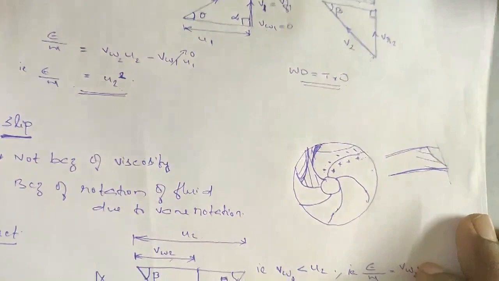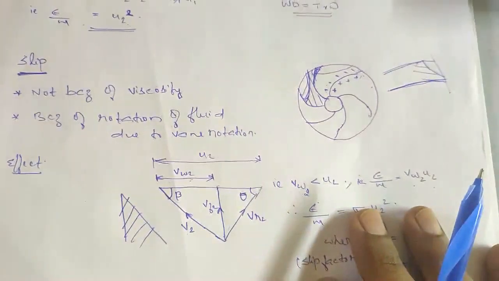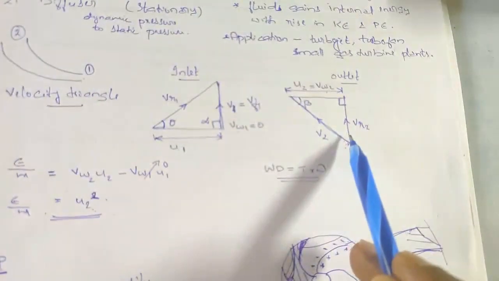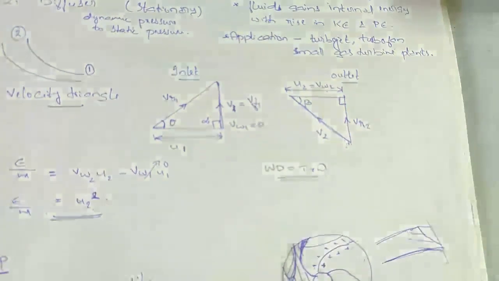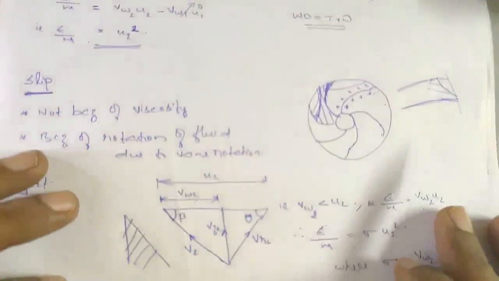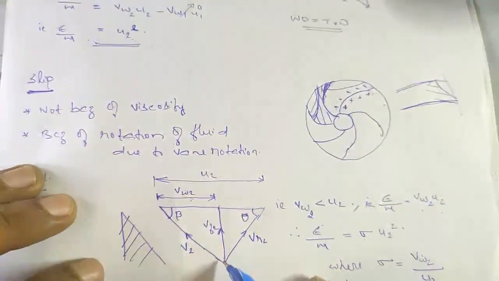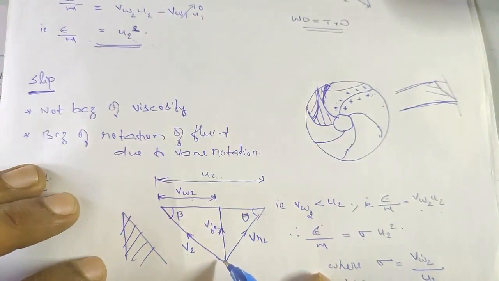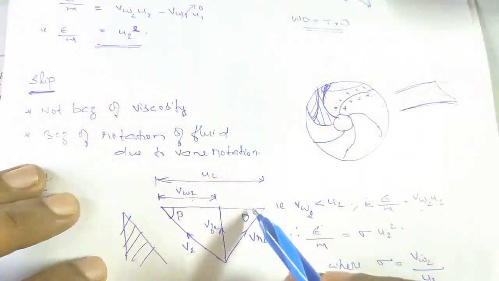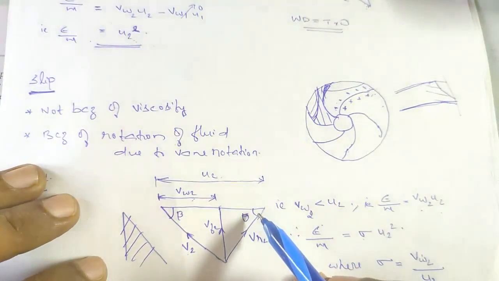And the effect of the slip is that the velocity triangle will change. Here you can see that theoretically VR2 is at 90 degrees because the air is leaving the impeller radially. But because of the slip, that component VR2 is no longer at 90 degrees. It is no longer radial, but VR2 is making an angle theta.